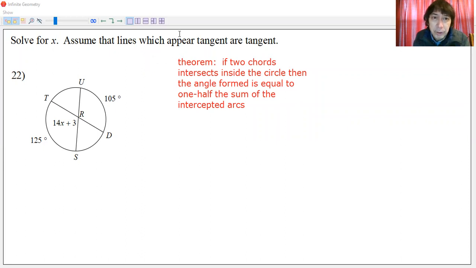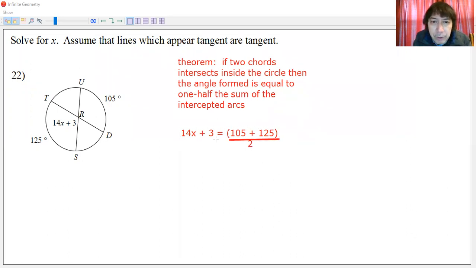The angle is 14x plus 3. So our working equation is 14x plus 3 equal to the sum 105 plus 125 divided by 2.